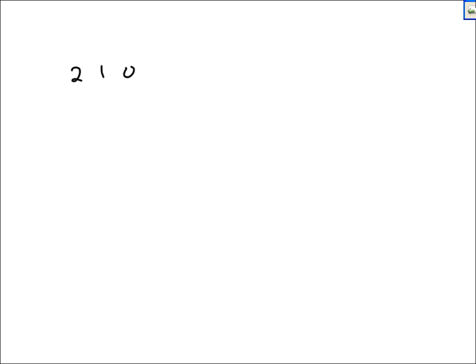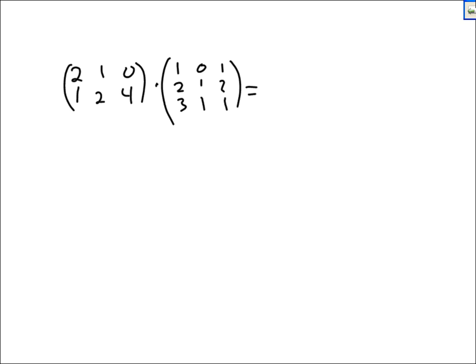2, 1, 0, 1, 2, 4. Multiply this matrix with 1, 2, 3, 0, 1, 1, 1, 2, 1. Multiply this and put the result here. So I'm going to dot row 1 with column 1.